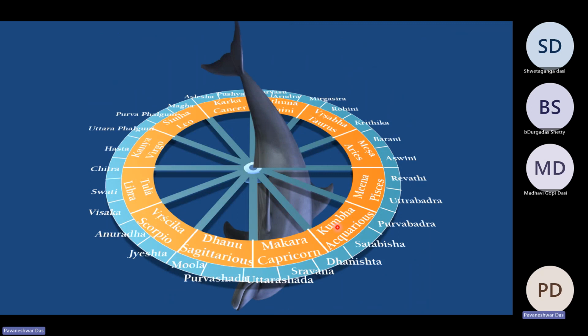And this is the Shishumara. The Shishumara head is here, tail is here, and Pushya, Punarvasu, Ashlesha, and Ardra are almost at the tail portion of the dolphin. And Moola, Purvashadha, Uttarashadha, Shravana, Abhijit are at the head portion. And the remaining are on the right hand side, some of them on the left hand side.